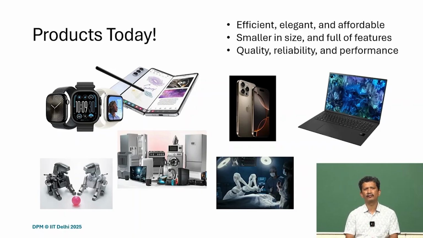Yes, the size, the footprint, they are very small, but loaded with features. At the same time, the quality, reliability, and performance are inbuilt, and we don't compromise on that.